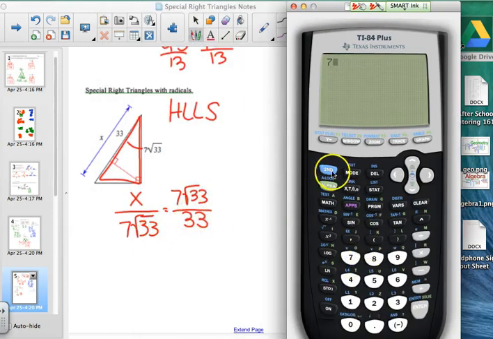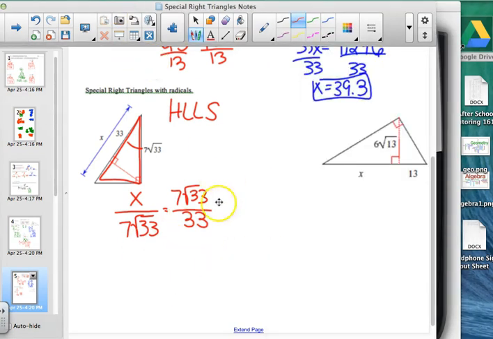So I want to say 7 square root of 33, and I want to multiply that by 7 square root of 33. Okay, I got 1,617. So all that happened was the square root of 33 times the square root of 33 is a 33. And then they did 7 times 7, which is a 49, and you get the same thing. So that's what's happening in your calculator when you multiply those two numbers.